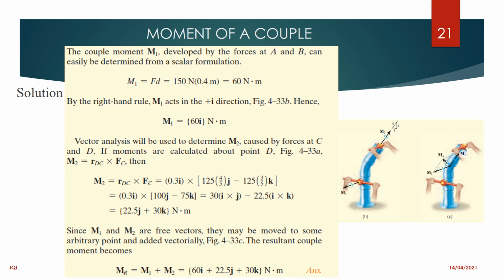The solution here is showing us the first attempt by using the scalar method. That is the first moment: you multiply the force times the distance, which is the 150 times the perpendicular distance of 0.4 meters, and you're going to get 60 Newton meters.